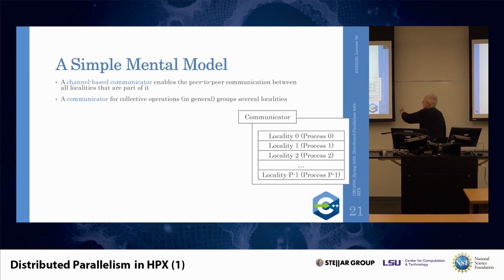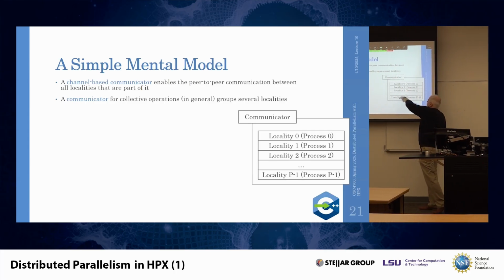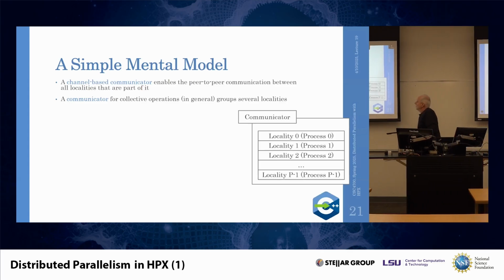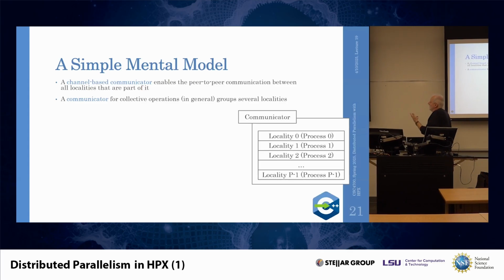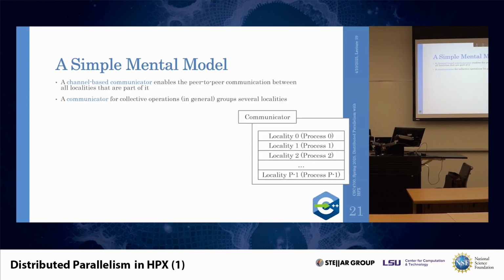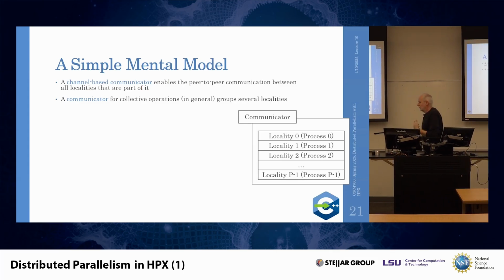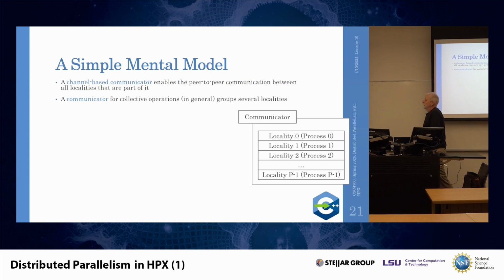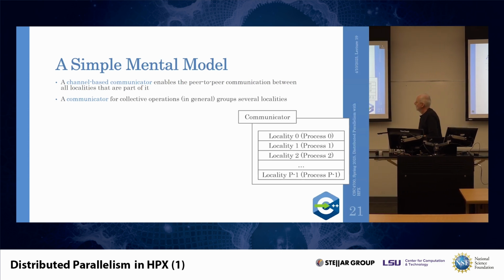So a communicator is in a sense a list of localities with its associated process ID. It represents the set of possible endpoints and possible processes that will be able or have to participate in a certain communication operation.